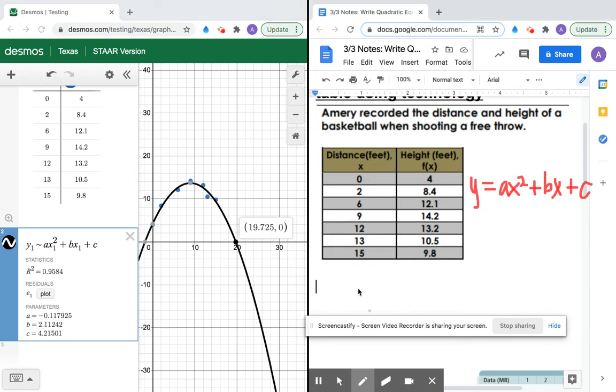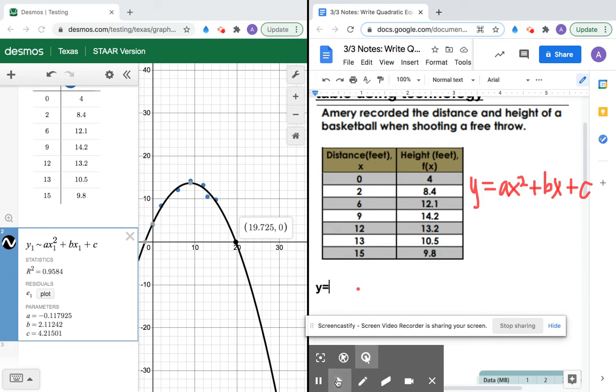What you're going to need to do is actually type the equation. Y equals, so here, type y equals a. You're going to notice you need all of this information over here off to the left from your table so you can write the equation.